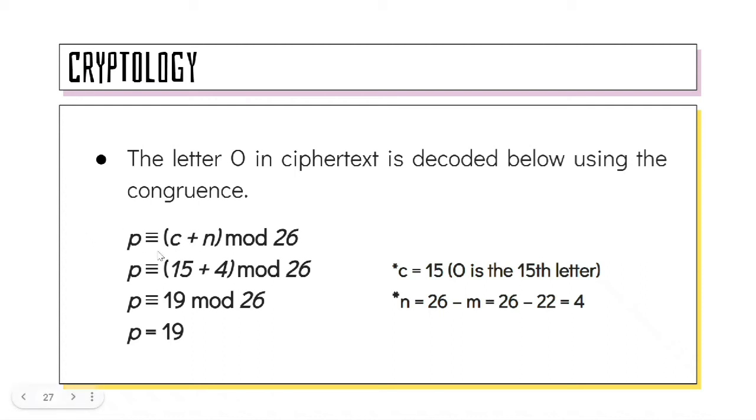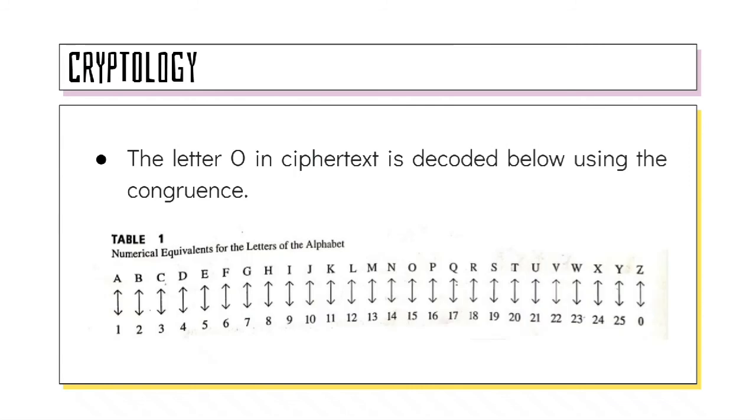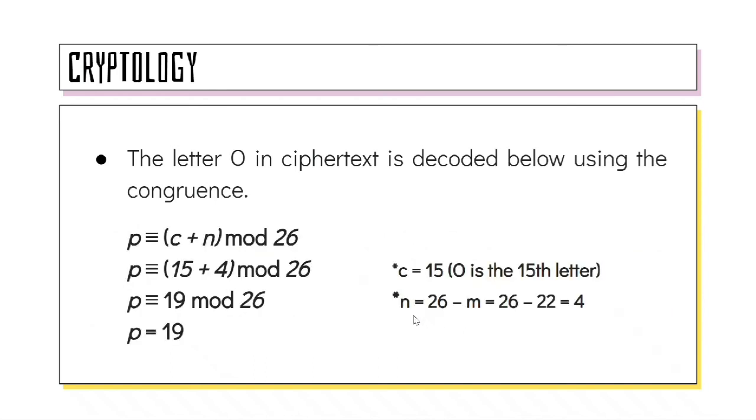So, using this congruence, C, what is the numerical equivalent of the ciphertext letter O? Looking at our table again, it is the 15th letter. So, 15 plus N.